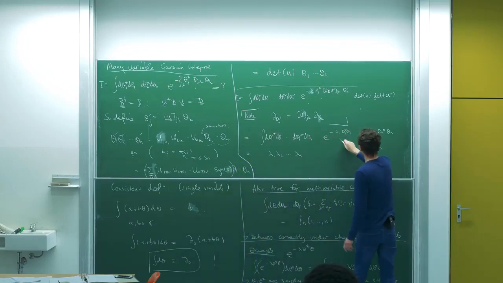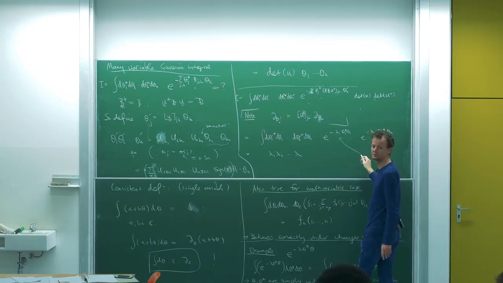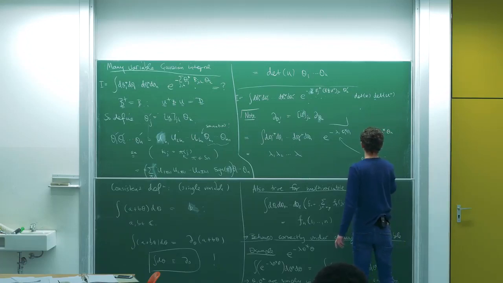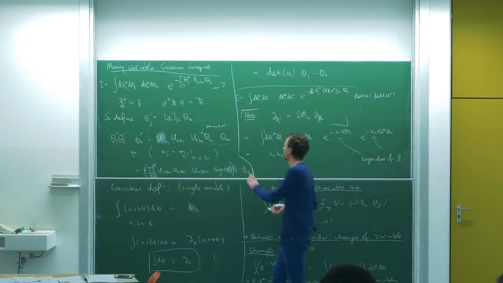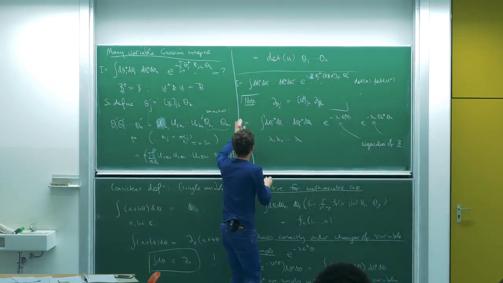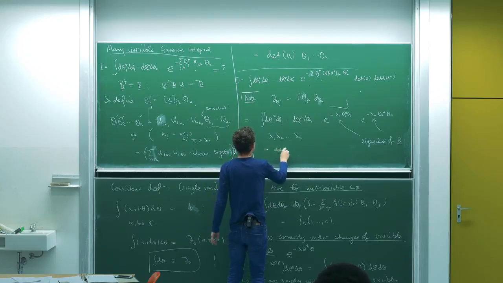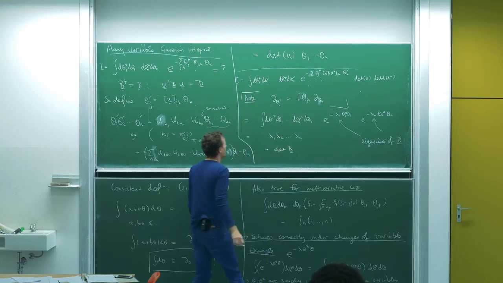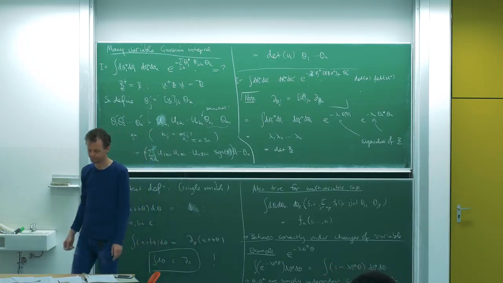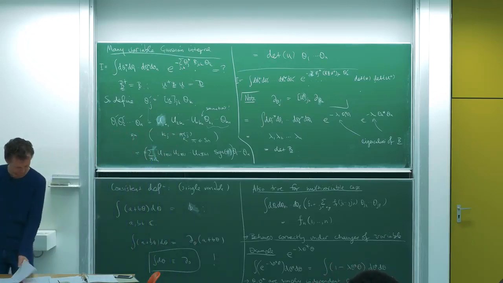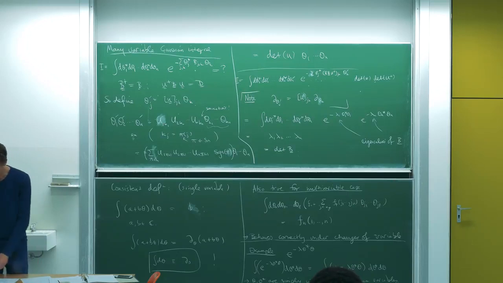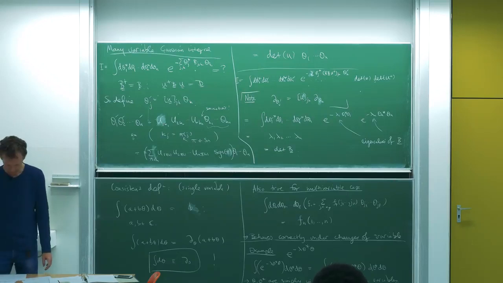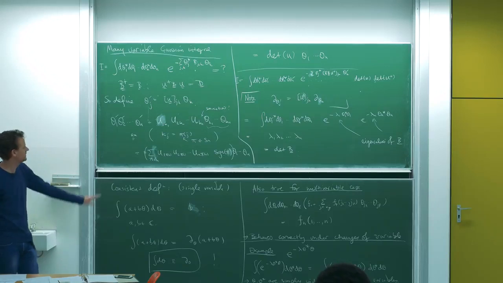So these lambdas, of course, are just the diagonal elements of D, or if you like, they're the eigenvalues of B. And we end up with this really remarkable expression.